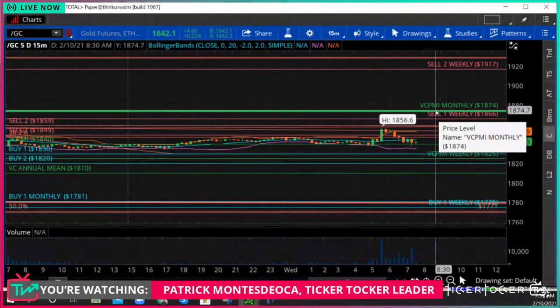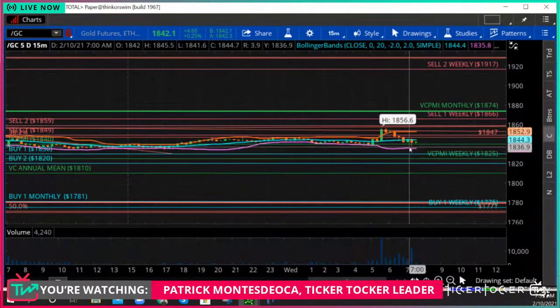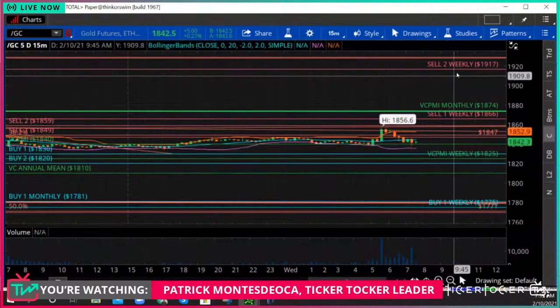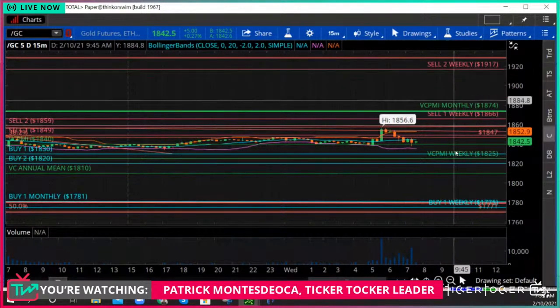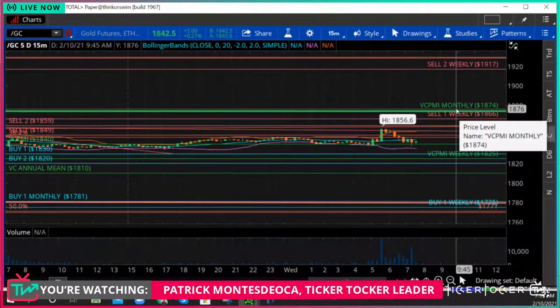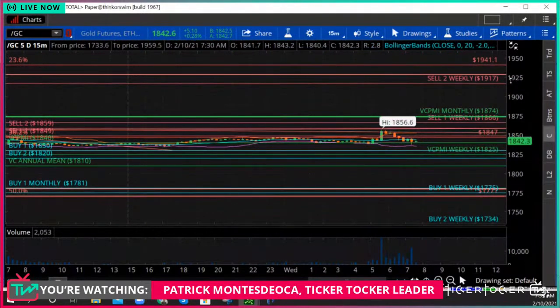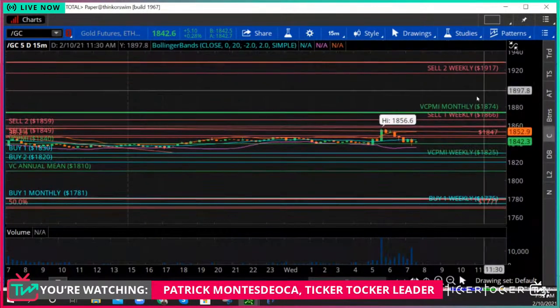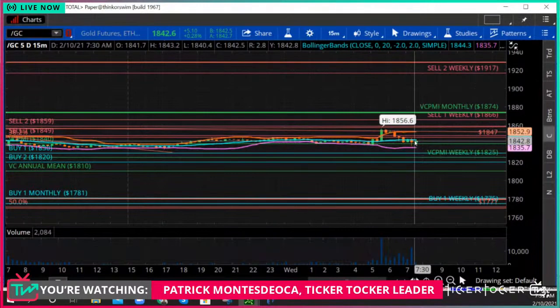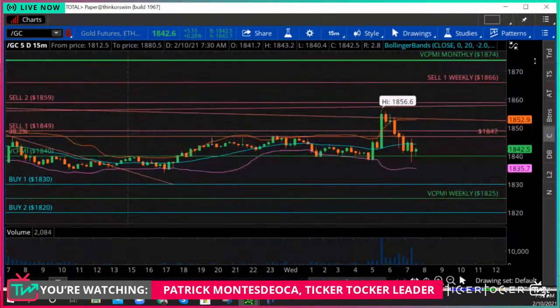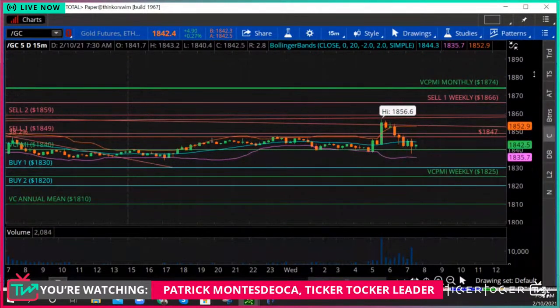As you can see, it's pretty much air. So if there is enough strength to take this market out through 1874, there's a very good chance that it can precipitate an acceleration all the way up to 1917. But that is a big if, and only the market, again, is going to confirm that.